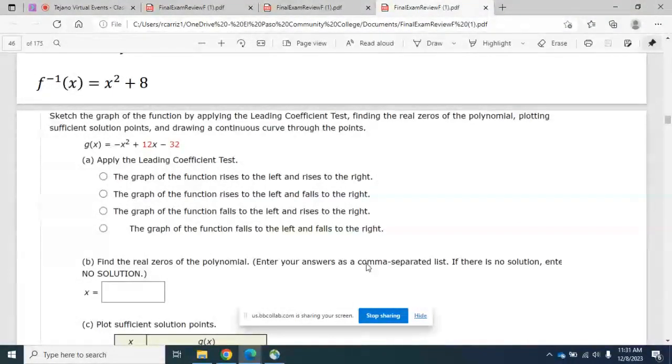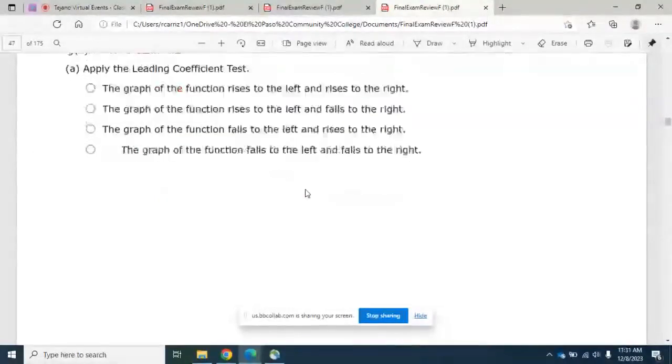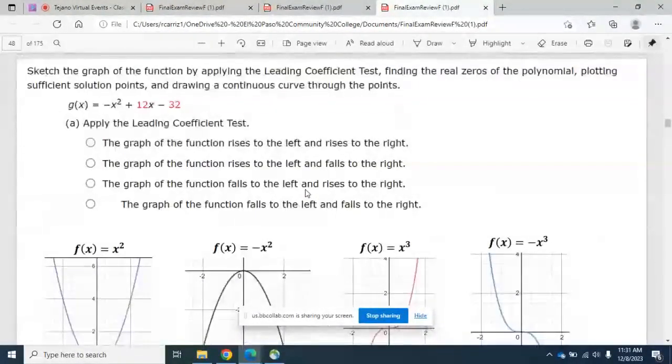So here we have several options, but let's go ahead and review our leading coefficient test. Let's see, do I have it here? Yes. So what is our leading coefficient test? Our leading coefficient has to do with the degree of the polynomial, whether it's even or odd. An even function is a function that has an even exponent number.